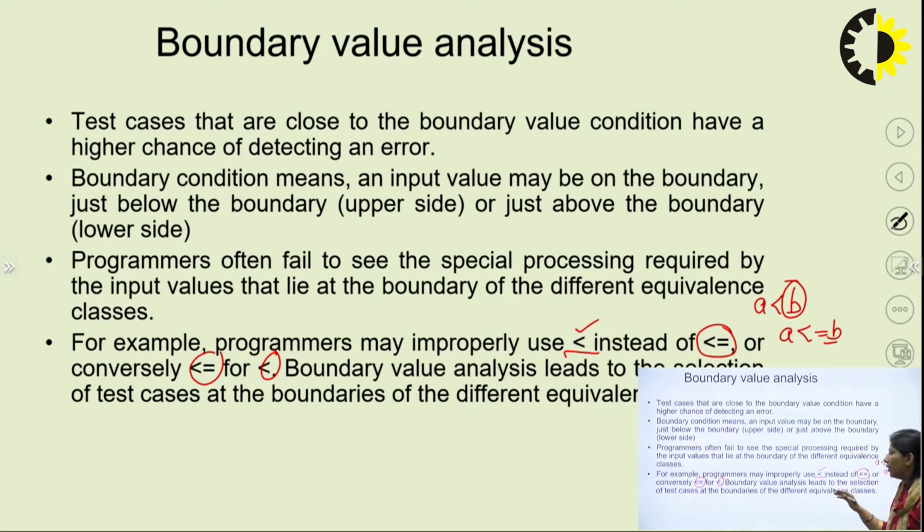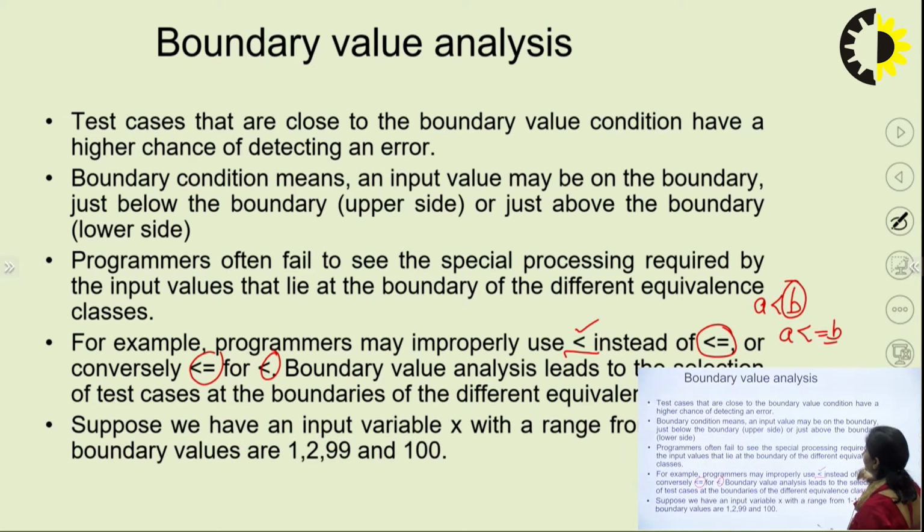So boundary value analysis leads to the selection of test cases at the boundaries of the different equivalence classes. Like it has been explained with a very simple example: we have an input variable x with a range from 1 to 100. The boundary value on the lower side is 1, and just above the boundary is 2.